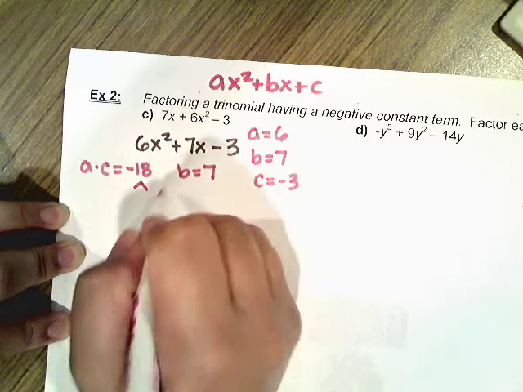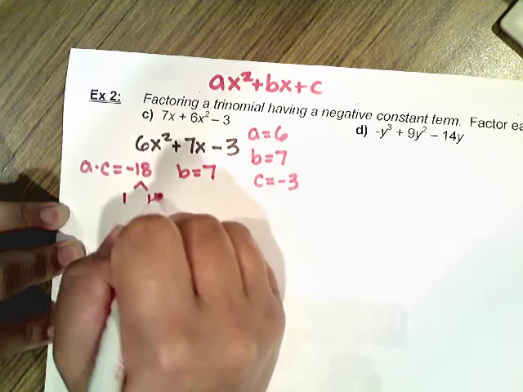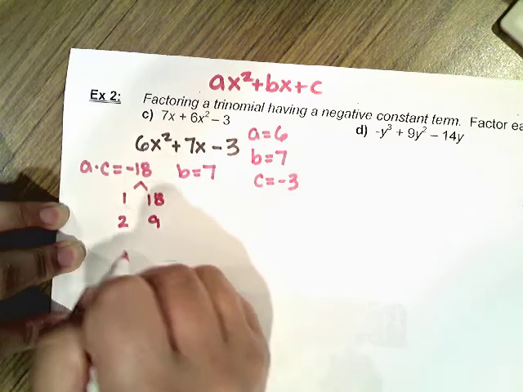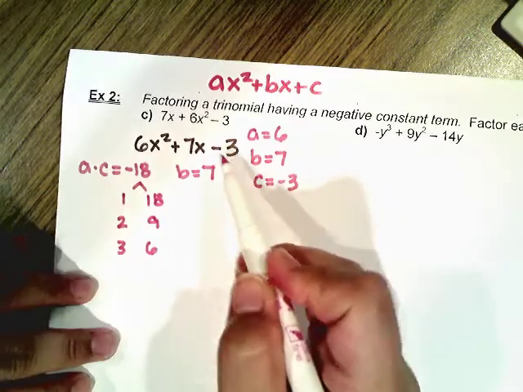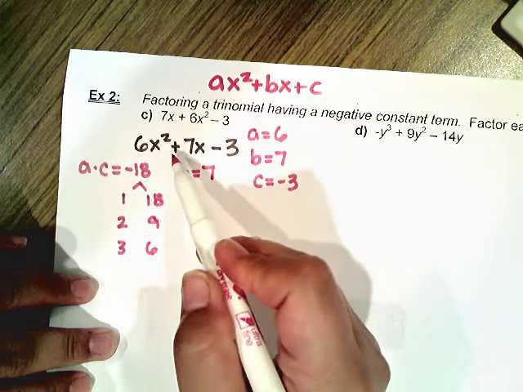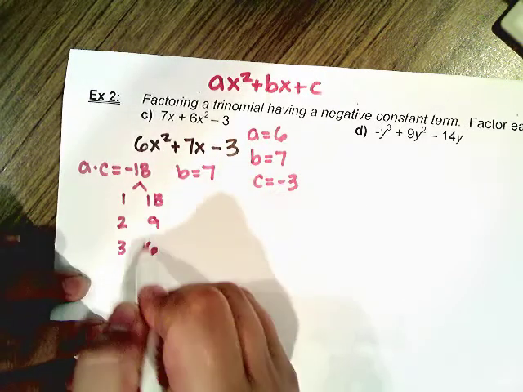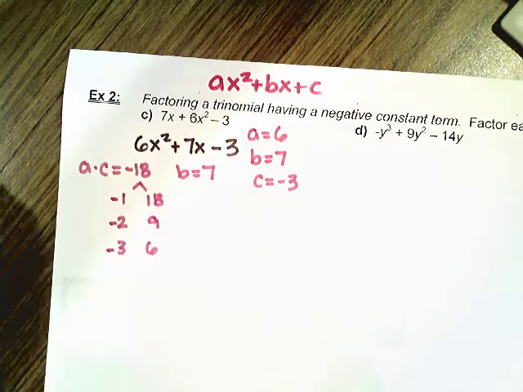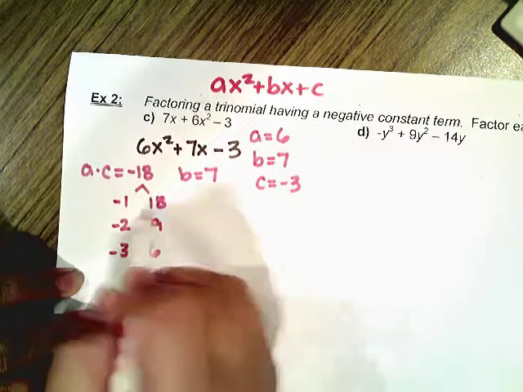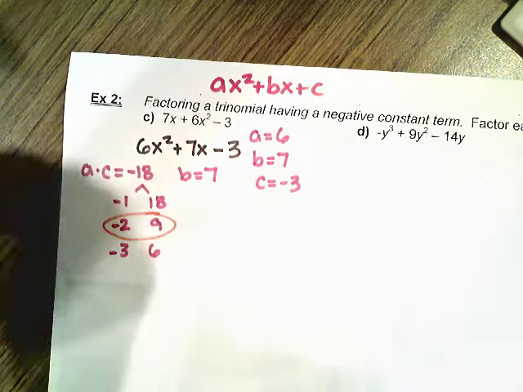Our factors of 18 are 1 and 18, 2 and 9, 3 and 6. Our signs are going to be different, and our larger number is positive, which means the smaller number is negative. And which one adds up to become 7? That would be -2 and +9.